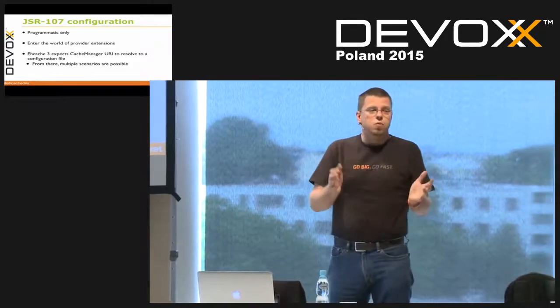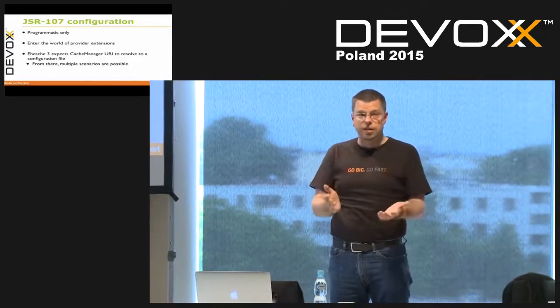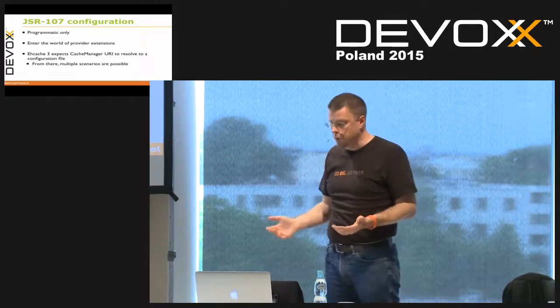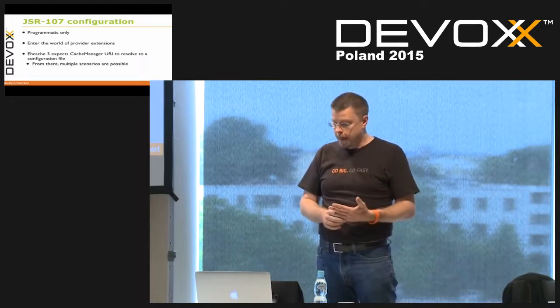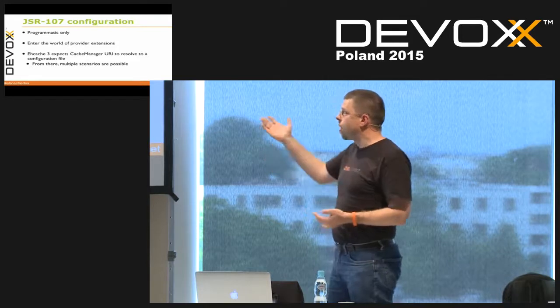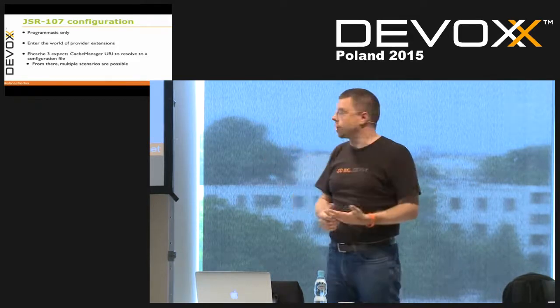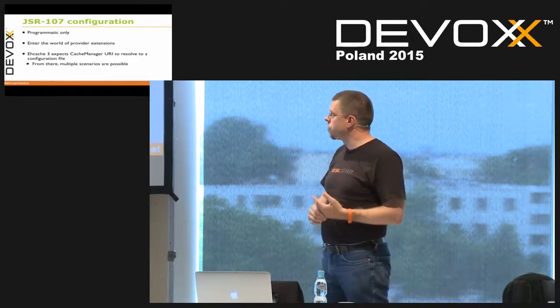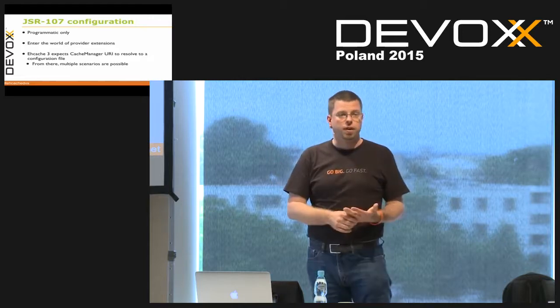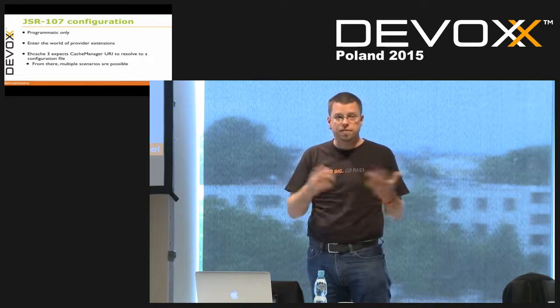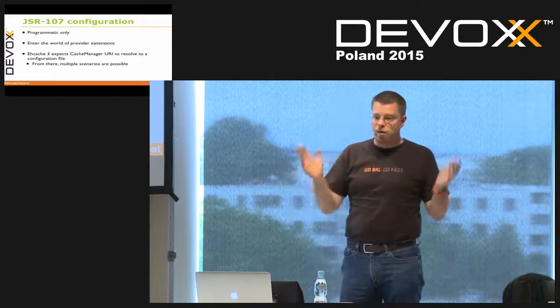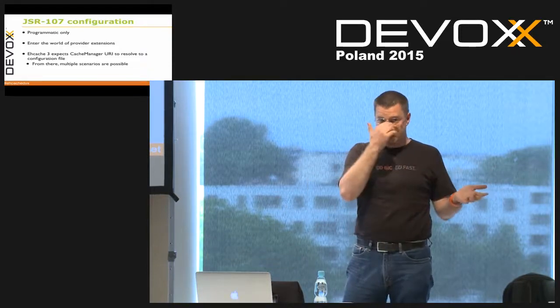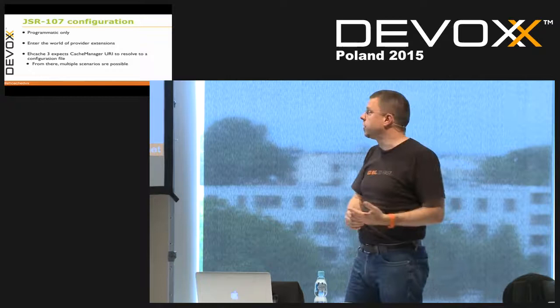So as soon as you want something else, which includes, for example, capacity control, you need to go into the provider's extension. And for example, one way of doing that with Ehcache 3 is the cache manager URI can resolve to a configuration file, a valid Ehcache configuration file. And if that's the case, we'll load that file, and you'll have a JSR-107 cache manager that knows about the caches that you configured in that XML.